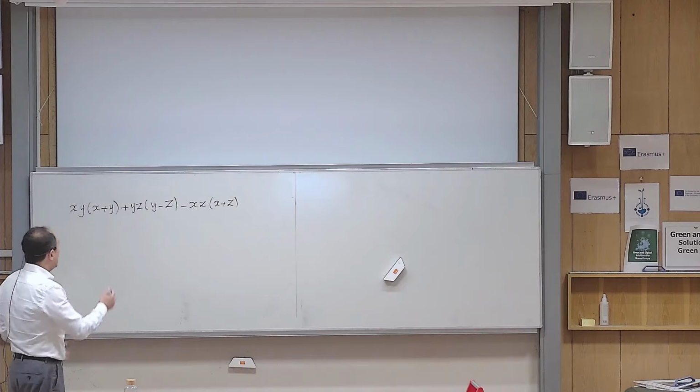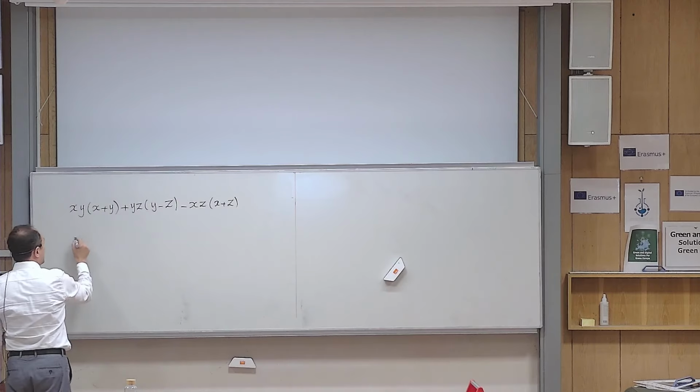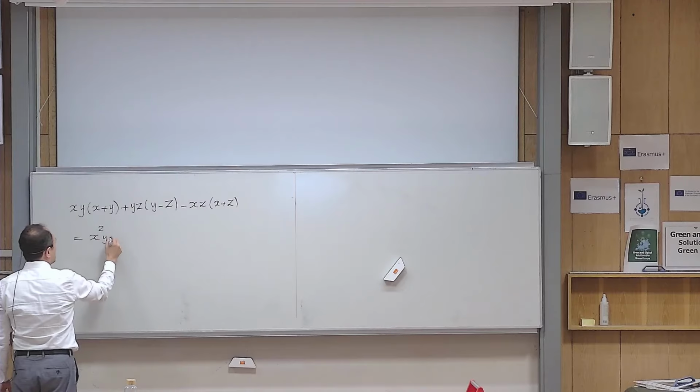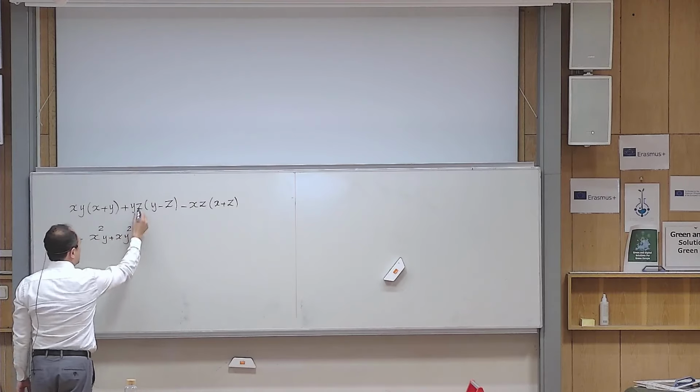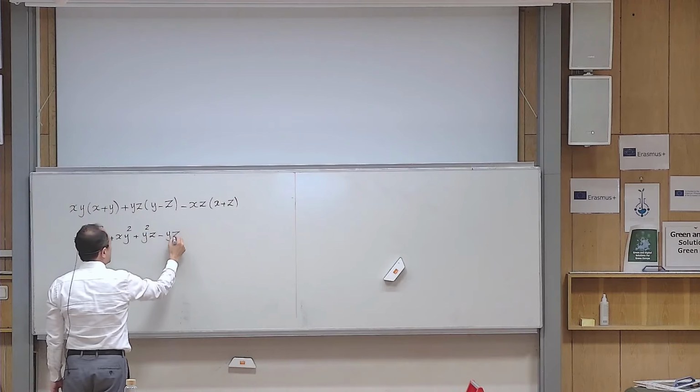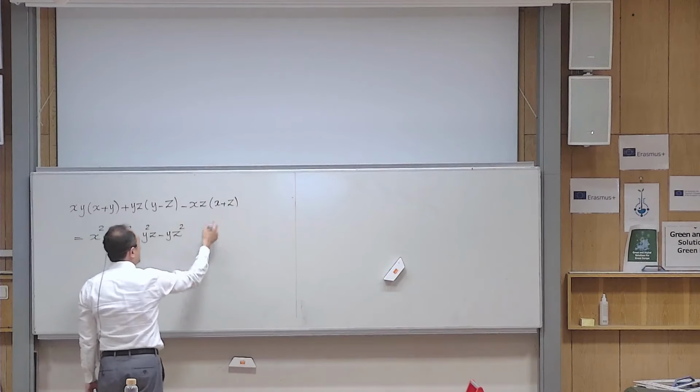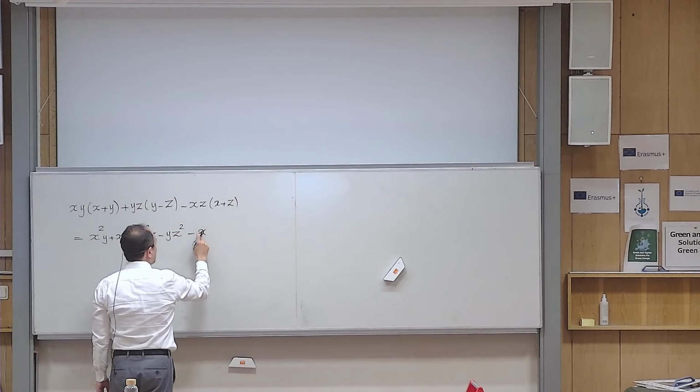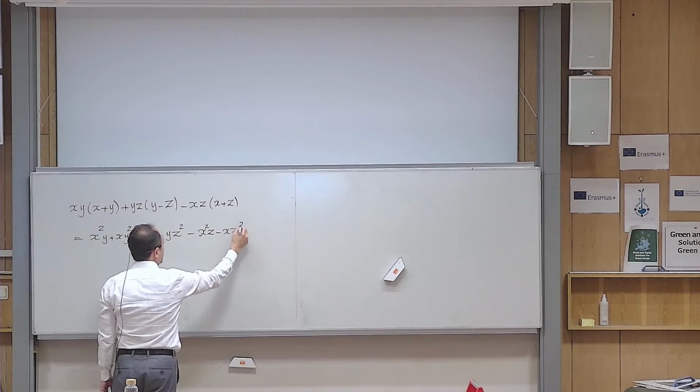With this in mind, I will multiply this, so it becomes x squared y plus xy squared. This becomes plus y squared z minus y z squared. Then multiply that in, it becomes minus x squared z minus x z squared.